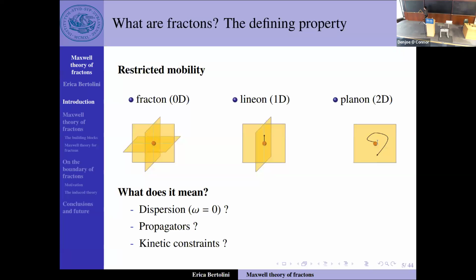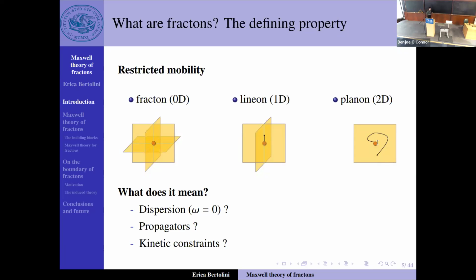While in these models, there are also other kinds of quasiparticles that have still restricted mobility, but less restricted. They are typically called lineons and planons, so you can see the reason for the name. These can move along a line, or these on a plane. Here I'm saying 1D and 2D, meaning spatial dimensions.